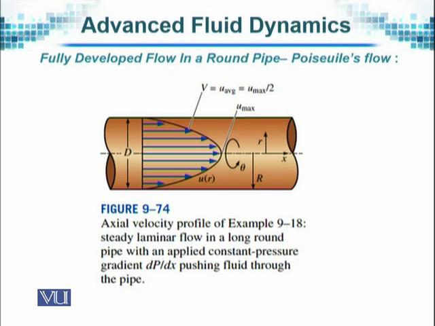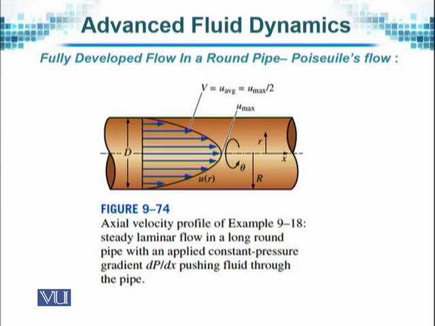Because of the r square term, the flow looks parabolic. You can see that it is axisymmetric, no gravity is playing any role, and u is only dependent on r. So as r changes, that is, as the radius of this pipe changes, the value of u also changes.